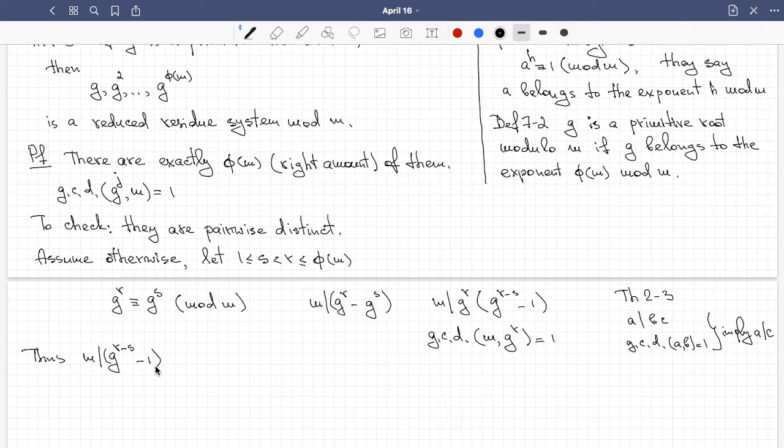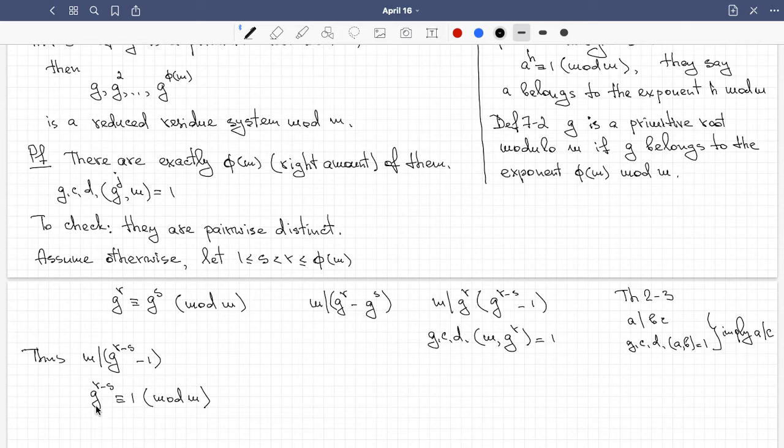In other words, we can rewrite it as G to the power R minus S is congruent to 1 mod M.